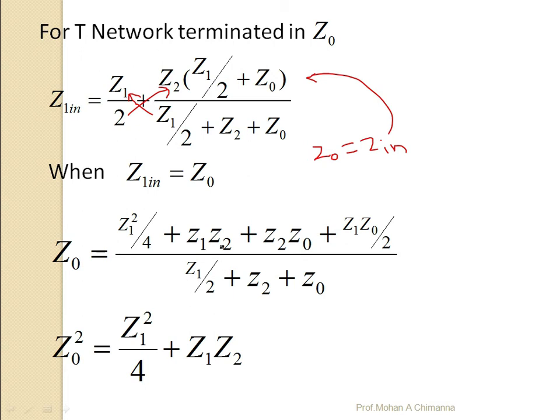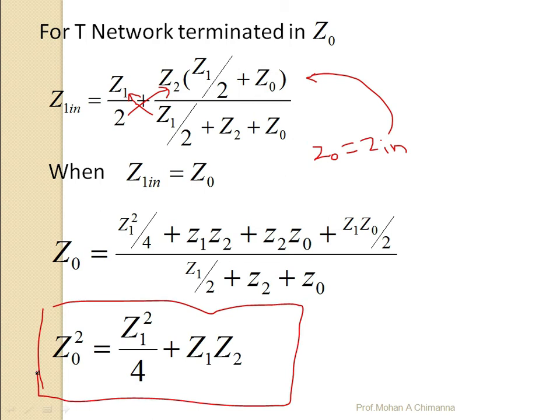Then there are some common parameters that get cancelled here after the simplification, and to form the final expression there is Z2 square, which is equal to Z1 square upon 4 plus Z1 Z2. Once you take Z1 and Z2 as common, then this equation should be formed.